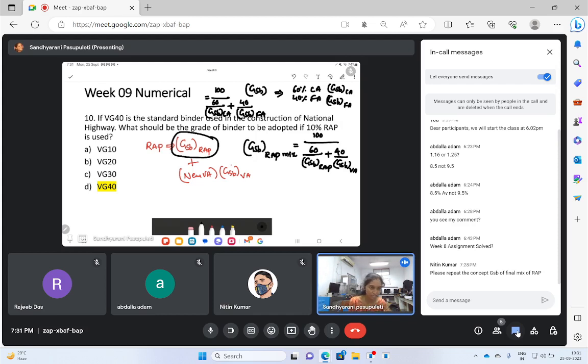Because in the total virgin aggregate, 60% is coarse and 40% is fine, we take the corresponding specific gravities and calculate the final bulk specific gravity. In the same way, to calculate the final bulk specific gravity of the RAP mix, if we know the specific gravity of RAP aggregates, the specific gravity of virgin aggregates, and their proportions, we can calculate using this formula.